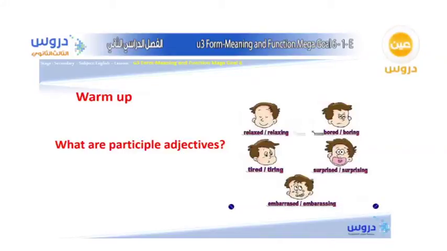These are adjectives. When I say that I am bored of something, I'm talking about my feeling. When I say that the game is boring, I'm talking about something that causes me to be bored.